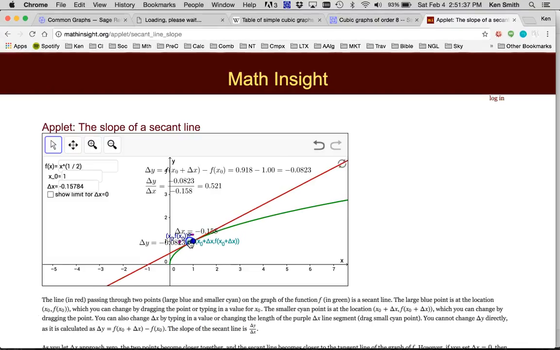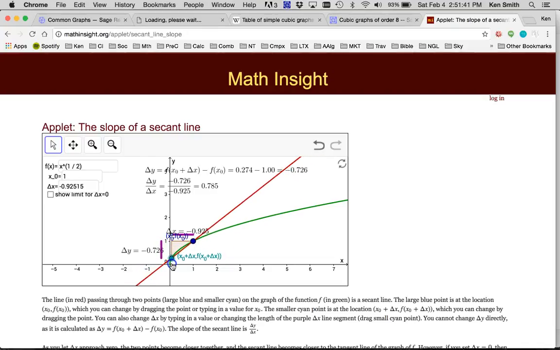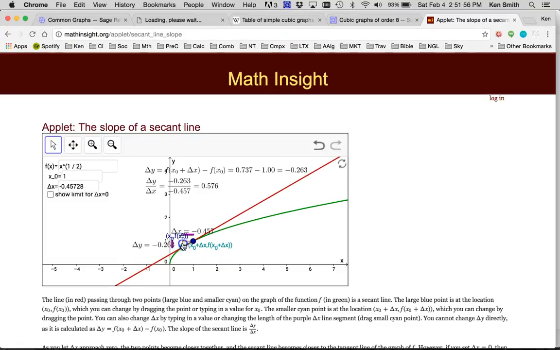On the other side is my point Q. Let's take Q all the way down here to the origin. Right here, the secant line, that red line slashing through the two points, the green and purple one, has slope 1. Now let's move it up slowly toward the point P. Notice that my delta Y over delta X above is 0.576, 0.564, 0.5 something.